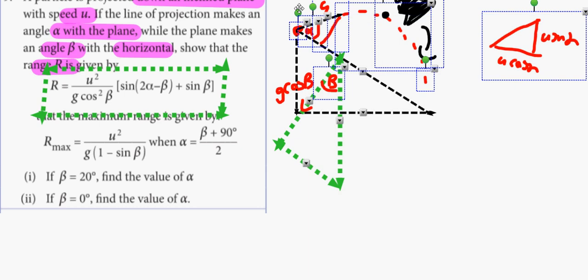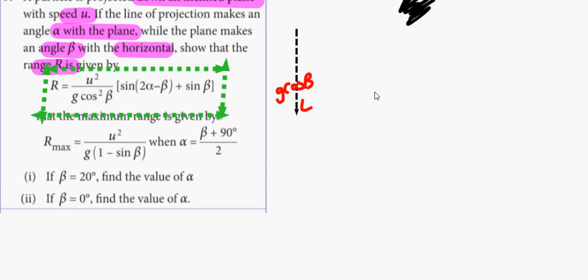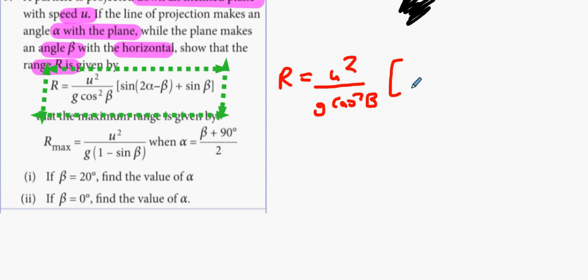So, alright. R equals u squared over g cos squared beta into 2 sine 2 alpha minus beta plus sine beta.